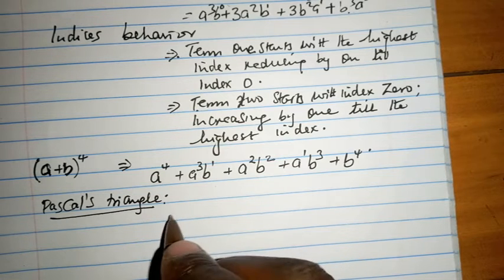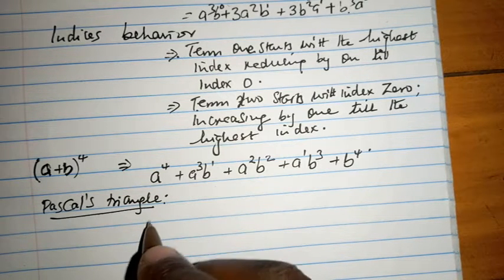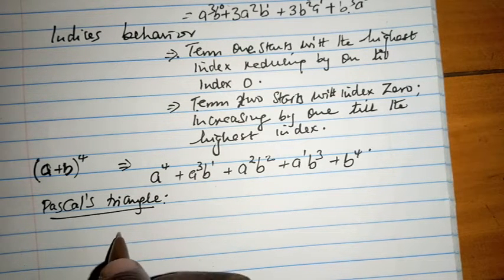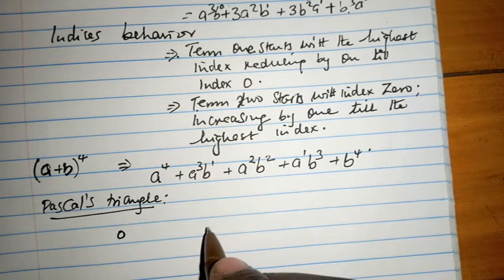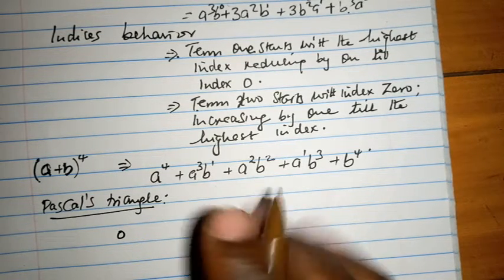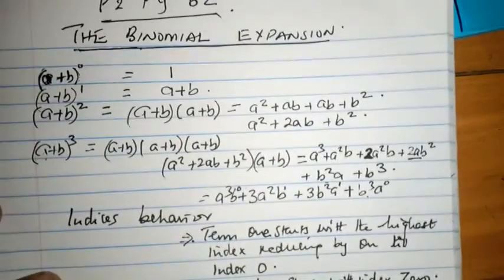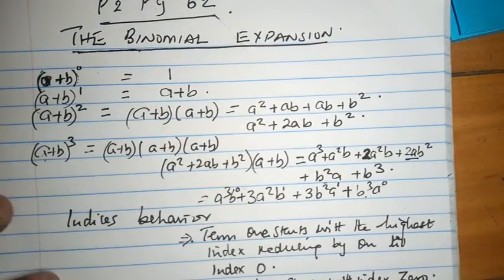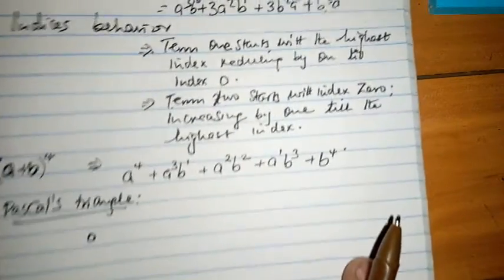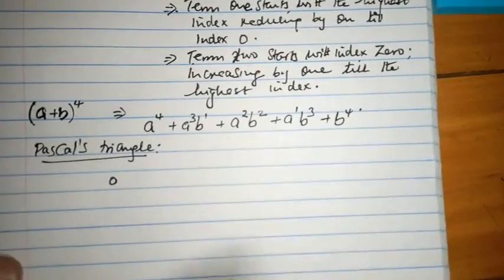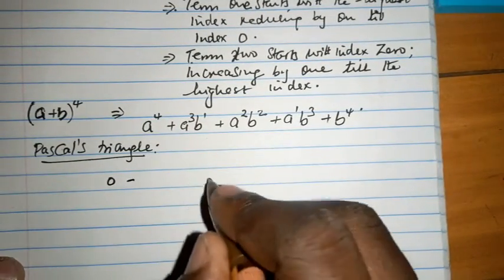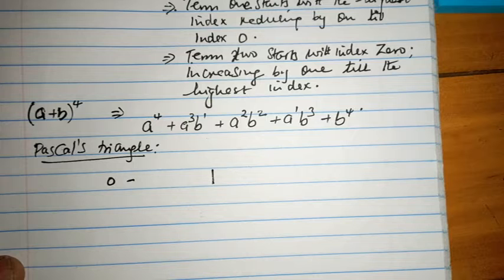The moment we raise anything to power 0, the whole term becomes 1, as you can see here. The whole term becomes 1, so the coefficient is 1.